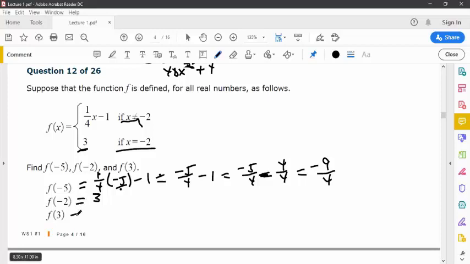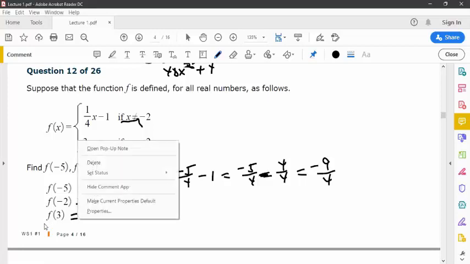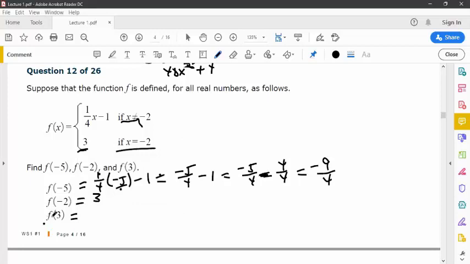So for our last one, it says we're going to go ahead and look at f of 3. Well, we know that 3 does not equal -2. So again, we have to use the first. So it's 1/4 times 3, or 3/1, minus 1.